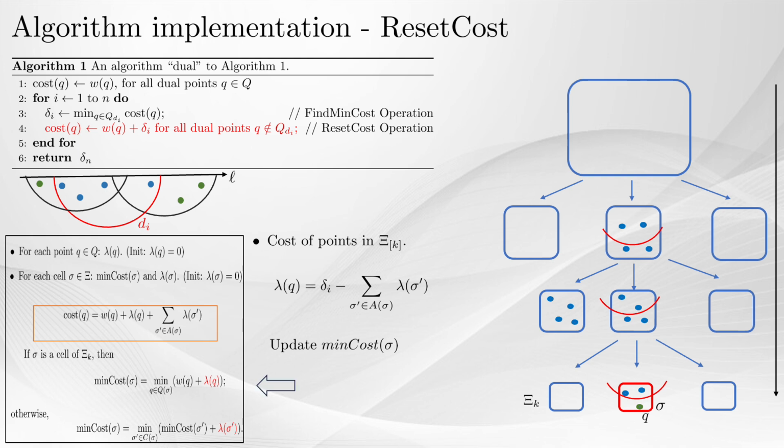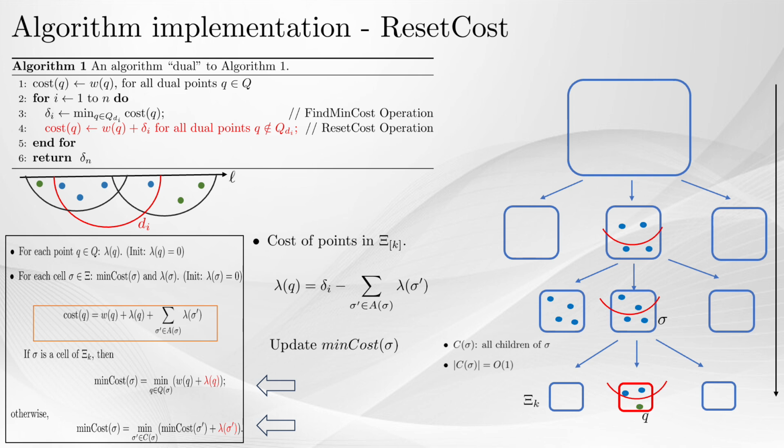If sigma is a cell in the cassette K, which is the last layer, the bottom layer, we just need to compare the cost of Q with the previous minimum cost to get a new minimum cost for sigma. If sigma is not in the cassette K, then we can use the observation that each sigma only has constant children.